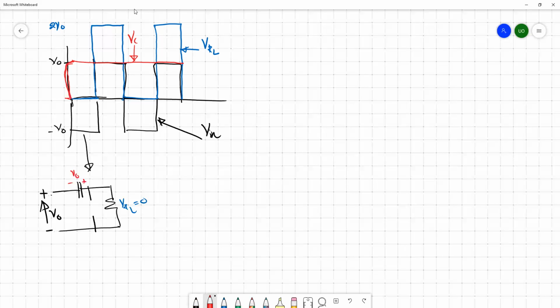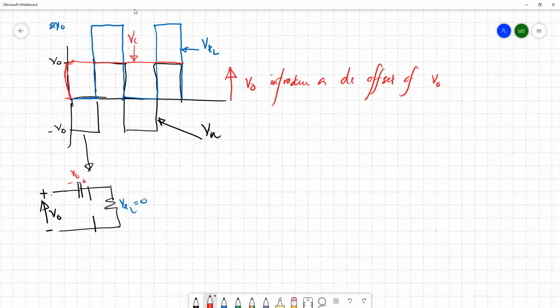So see what happens to the circuit. Due to this capacitor, if you apply this kind of input, it's actually shifted upward by V naught. So this V naught moves to zero, and this V naught moves to 2V naught. So it introduces a DC offset of V naught.